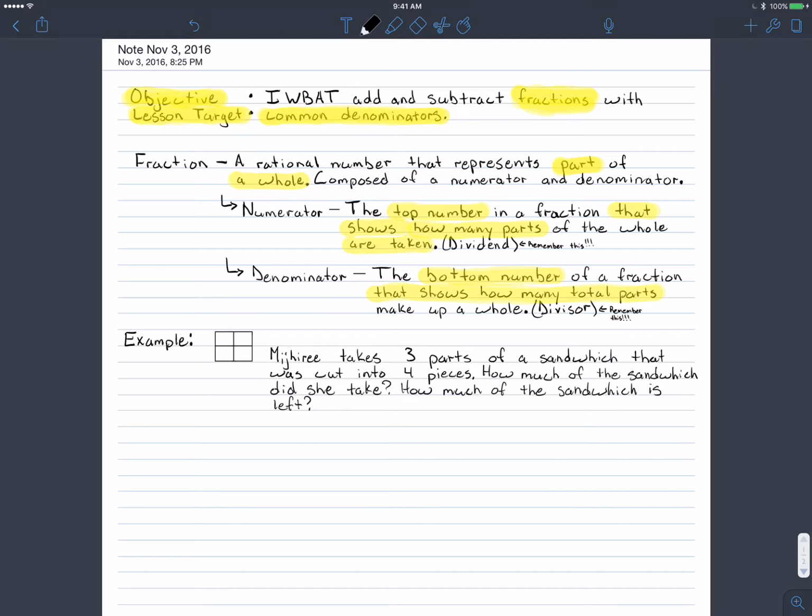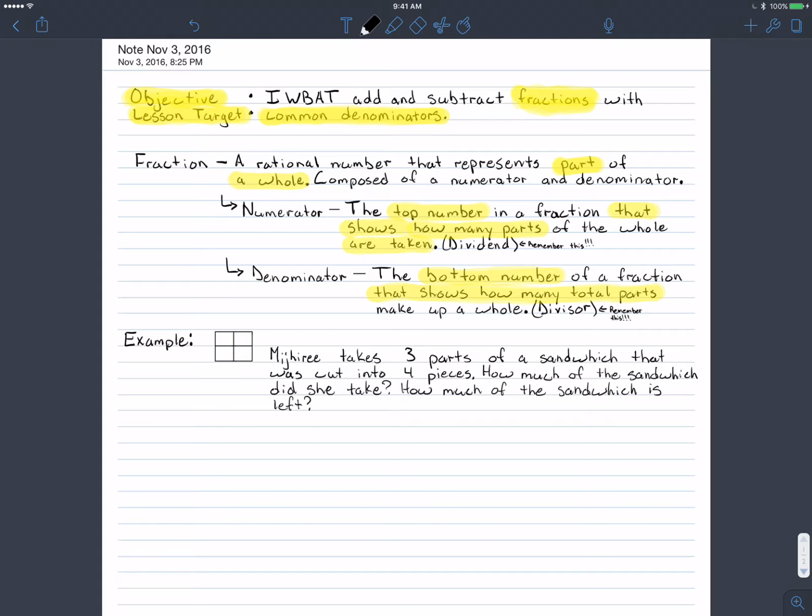All right, a fraction is composed of a numerator and a denominator. What is a numerator? The numerator is the top number in a fraction that shows how many parts of the whole are taken. It is also the dividend.